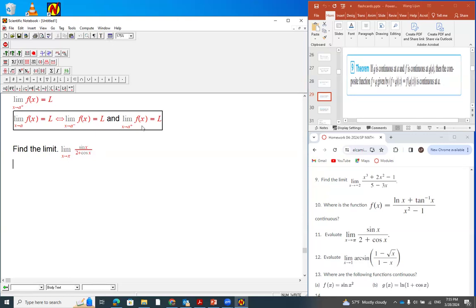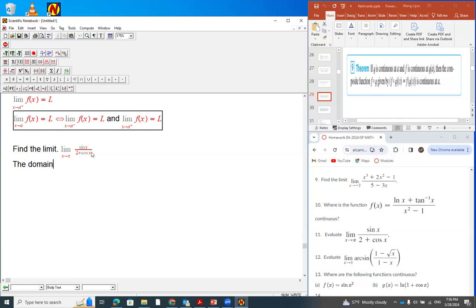Well, in this function, we have a sine function, a cosine function, and basically we have one function, another function, plus another cosine function. You can see that. But we said adding, subtracting, multiplying, dividing, the whole function after all of these operations is going to be continuous in the domain. So our next question is, what is the domain? The domain of sine is all real numbers, and the domain of cosine is all real numbers by themselves.